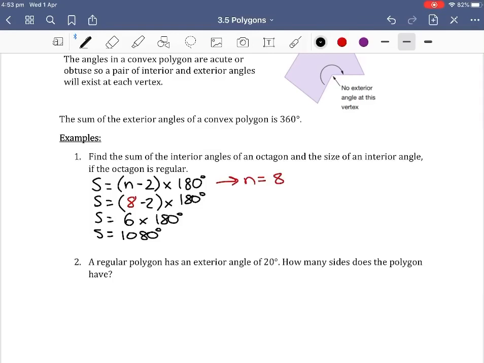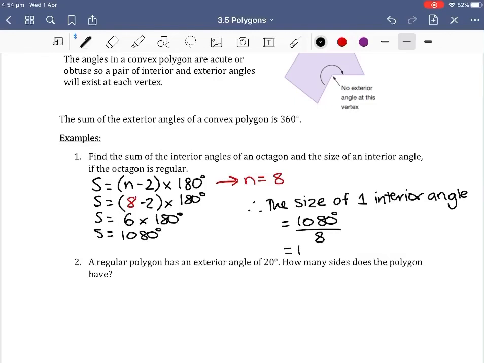So the sum of all the interior angles of an octagon is 1080 degrees. Therefore the size of one interior angle can be calculated by dividing the sum, our 1080 degrees, by the number of sides that we have.